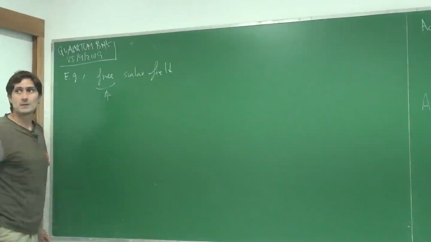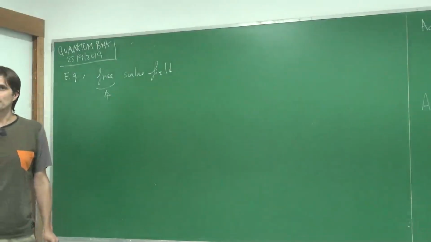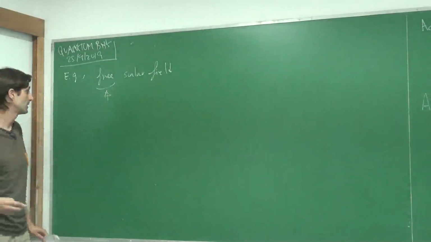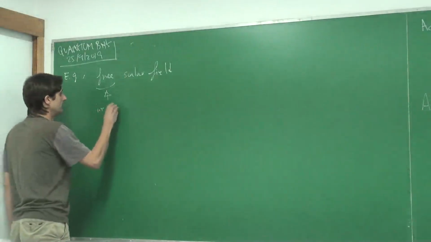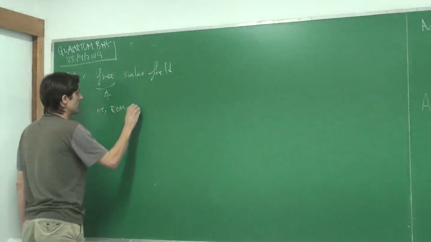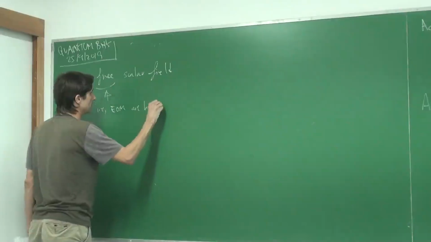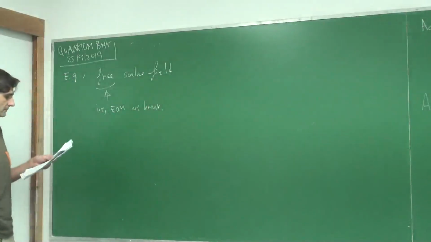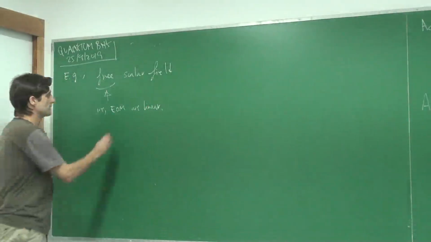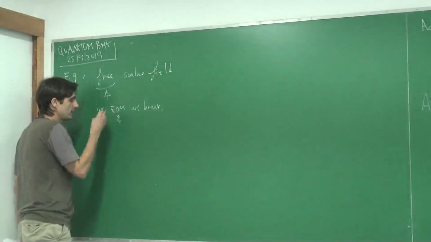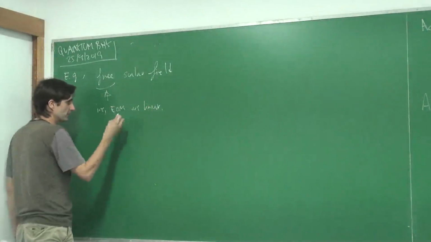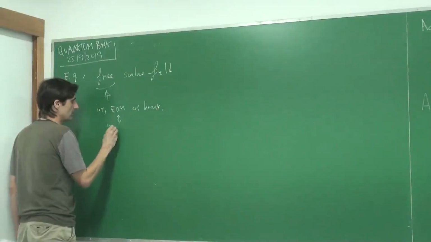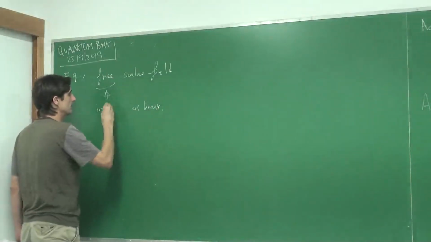By free, what we mean is that the equations of motion for the field are linear. I'm using distinctively the term equations of motion for the field, or the field equations. Let's call it the field equations.